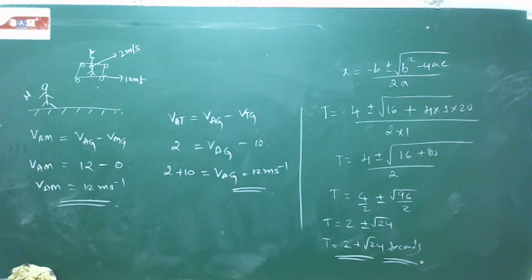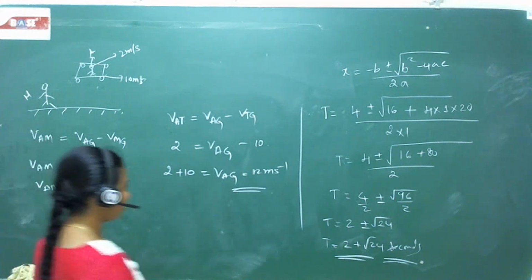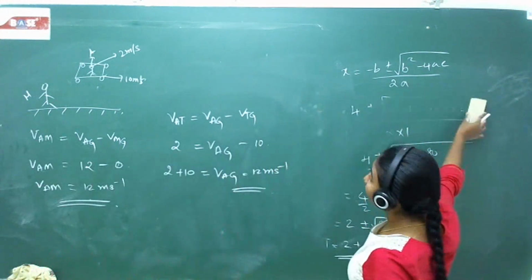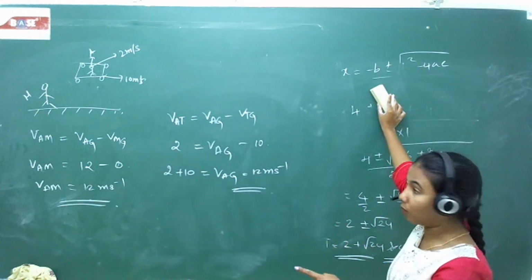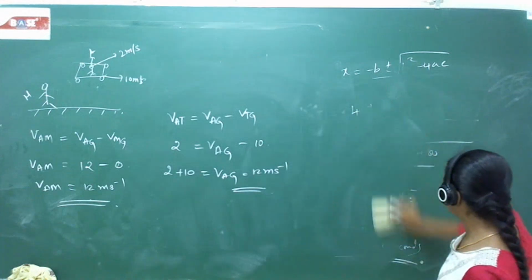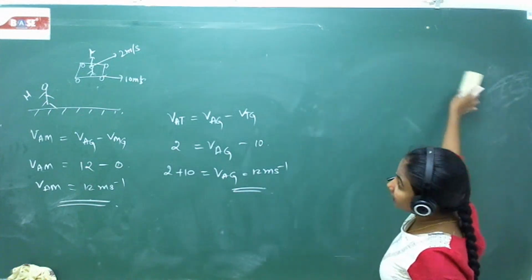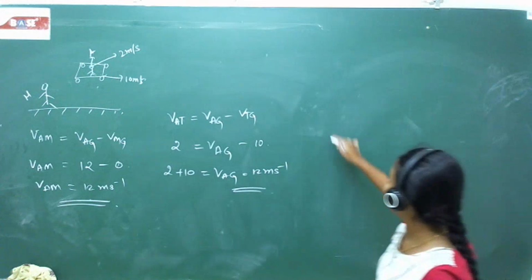I will take another example. Here, when we were finding the velocity of A with respect to M, the M was on the ground. So what if that M is moving now?